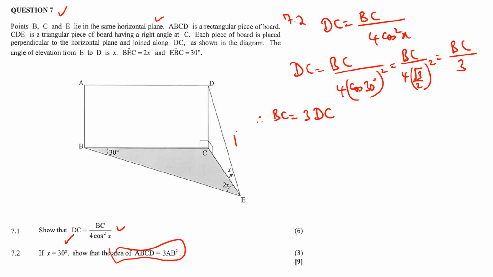but AB is equal to DC. Opposite sides of a rectangle.